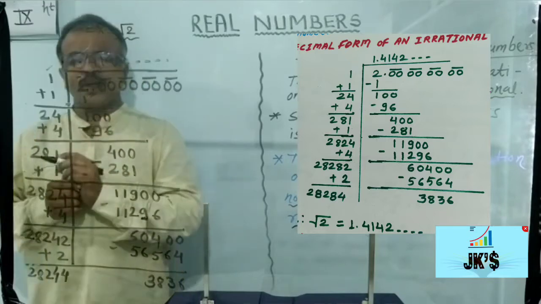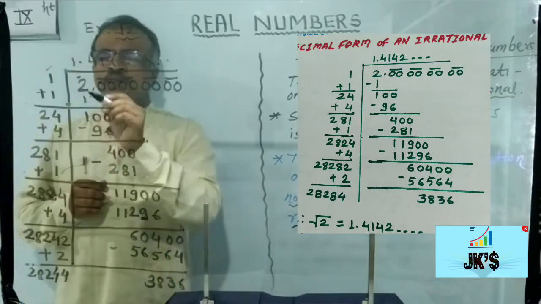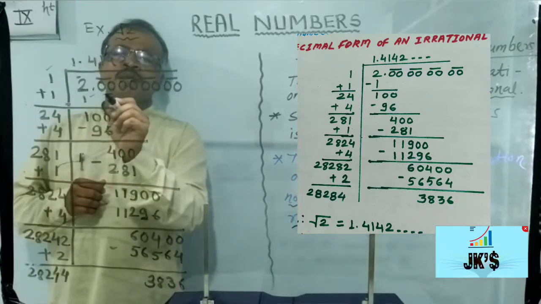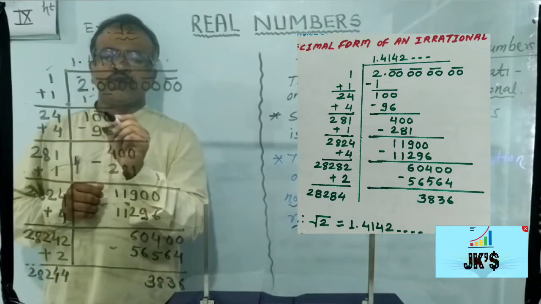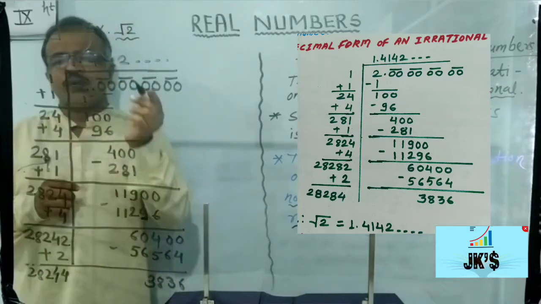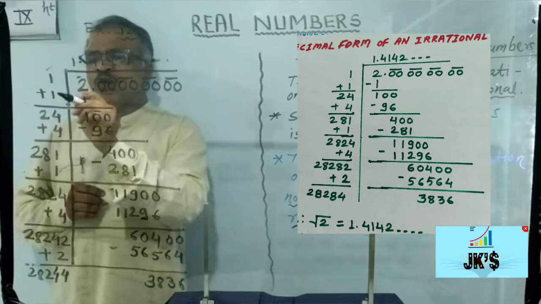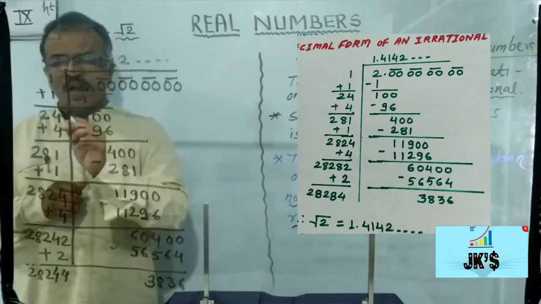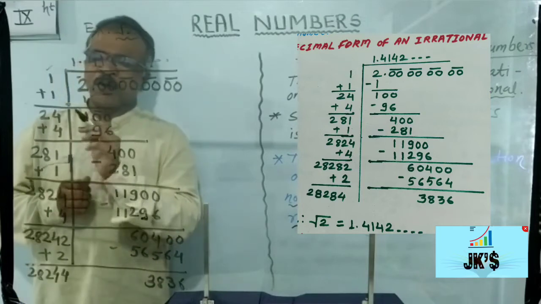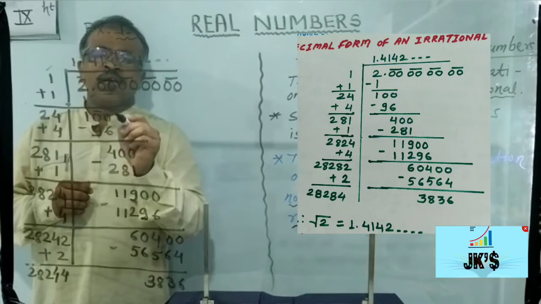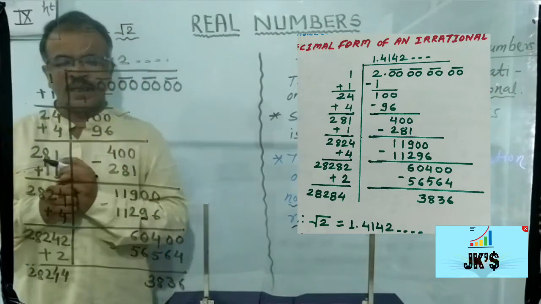So we divide by 1. 1 ones are 1, 2 minus 1, 1 remains. We take the next group, that is 2 zeros, and put the decimal. We add 1 plus 1, it becomes 2. Keep a number after 2 such that multiplying by the same number, the product is 100 or less than 100.